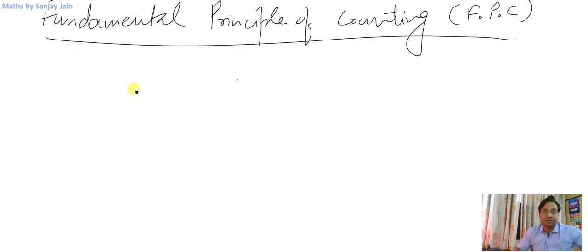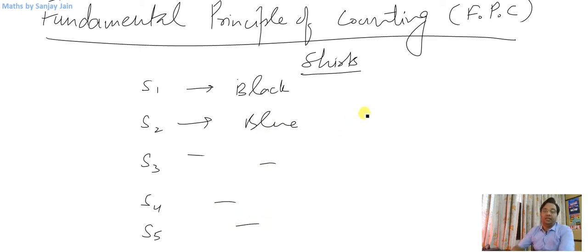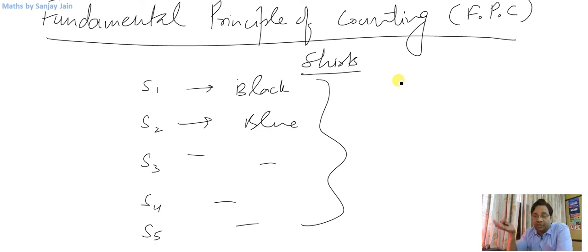Now if I ask you, let us say you have got shirt 1, shirt 2, you have got these 5 shirts. Okay, I am talking about shirts here. These are all of different colors, for example black, blue, and so on. Now if I ask you, today you have got up and you are going to your office or school, how many ways can you wear a shirt, or today you have to wear a shirt, so what are the options that you have?